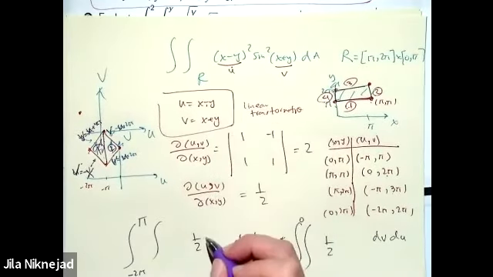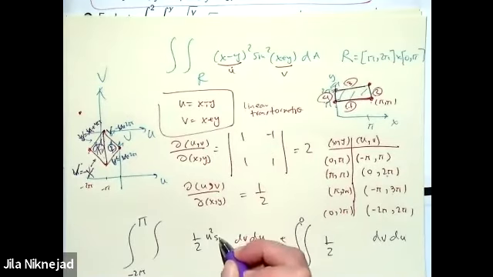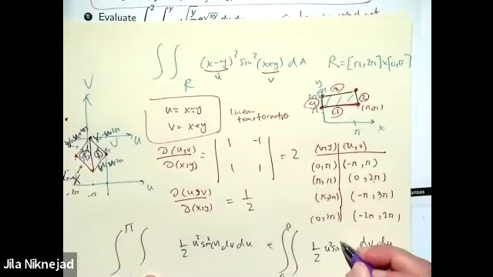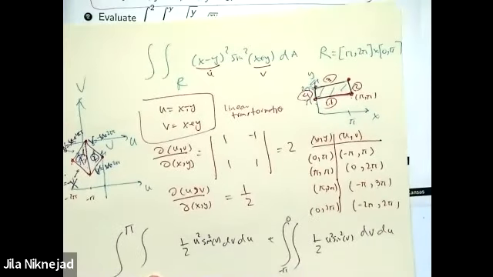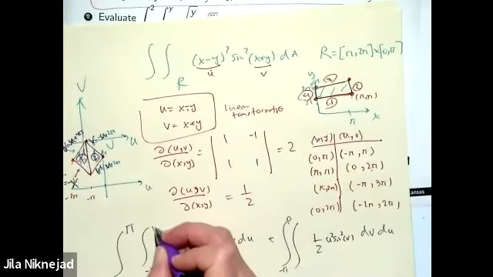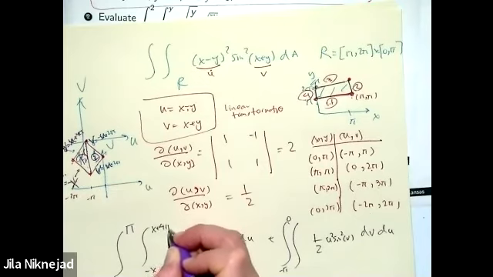And then you will have U squared sine squared V. And then V runs from, for the first one, minus U to U plus 4 pi.